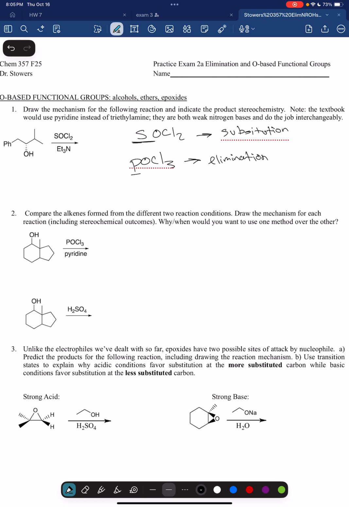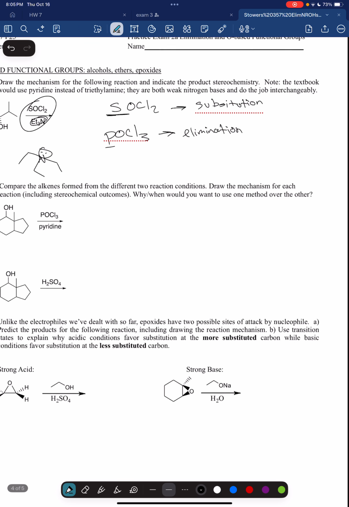So if you have no idea where to start, she has the mechanism very clearly written out in her notes. So just go to her notes to find how to do that. And like she said, triethylamine just looks like this. How do I think about that? So that's triethylamine. It just acts as a base. This is the nucleophile. The lone pair is the HOMO.